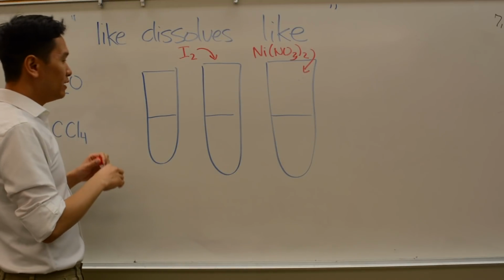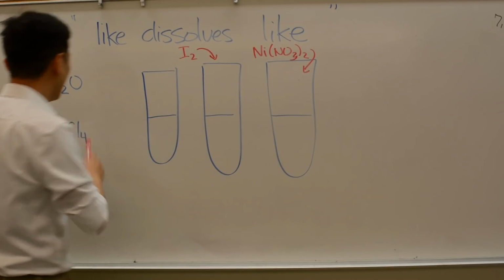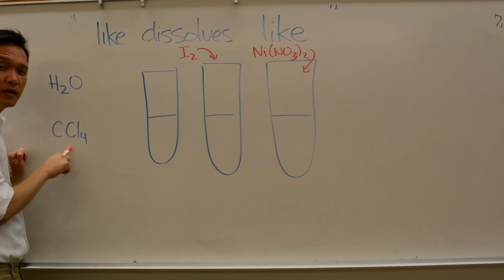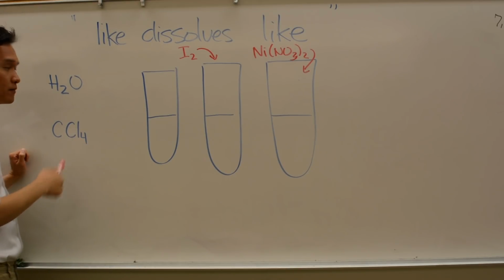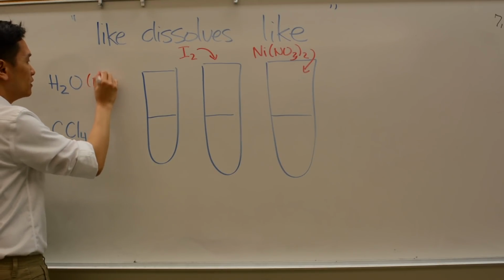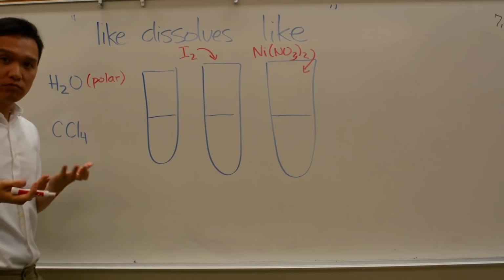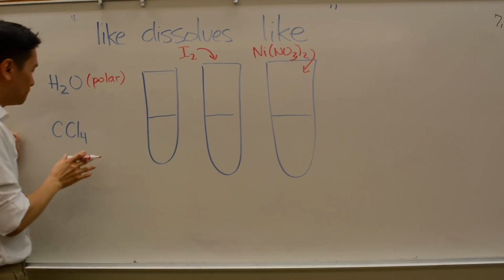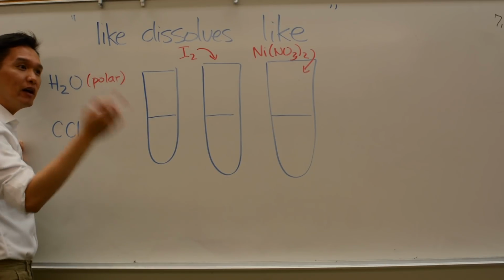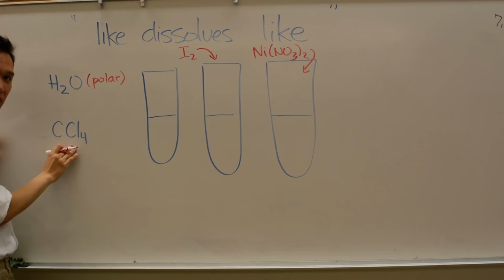So in the lab, let's say we have a mixture of water and this compound called carbon tetrachloride. Okay? What do we know about water again? Water was a polar molecule, right? Because it's bent. We just talked about that. What about CCl4? Will this be a polar or non-polar molecule? How would you know that? So we have to go back to our previous chapter and know the shape of this molecule.